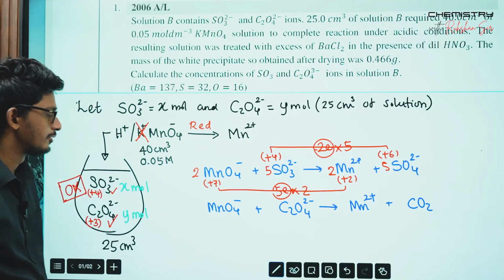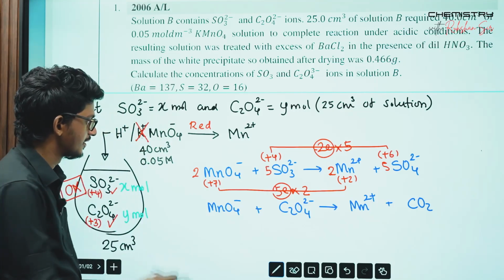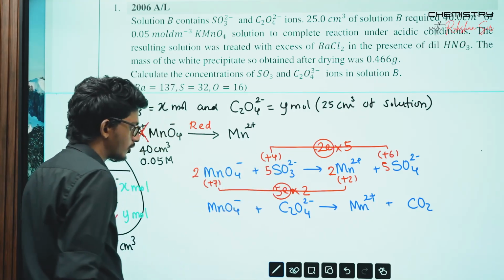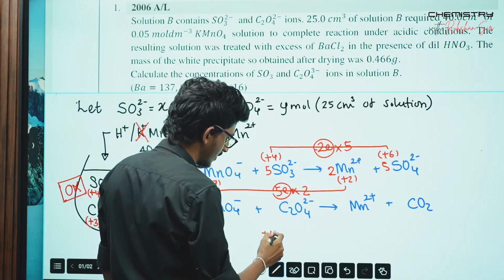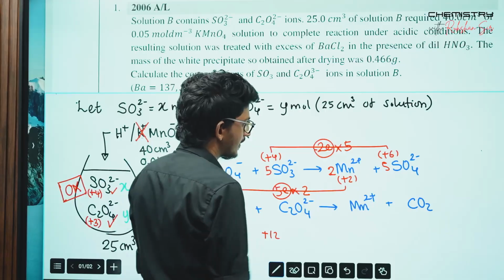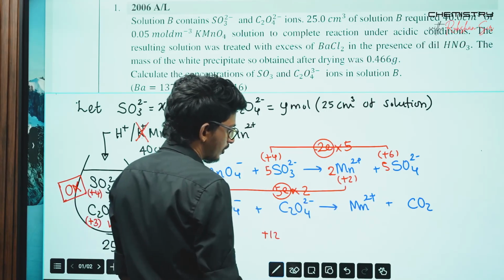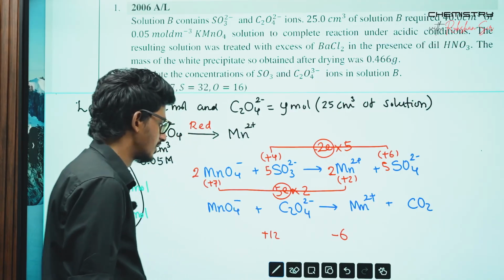Then balancing of H pluses and the additions, right? So balancing charge: minus 2 is there, minus 10 is there, altogether minus 12 on this side. On that side, the net charge is minus 10 plus 4, so minus 6.